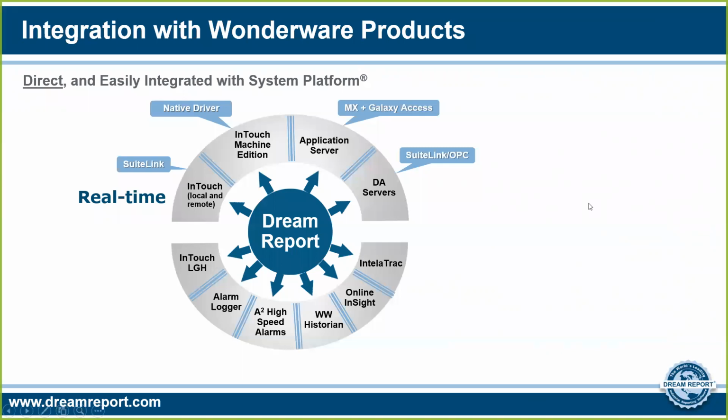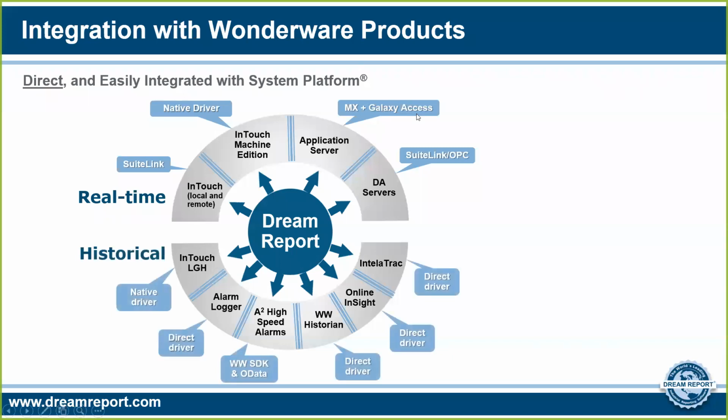or OI servers. InTouch Machine Edition, again, a very nice reporting tool for a low-end HMI, and even out to the app server, being able to browse the Galaxy, behave as part of the Galaxy to generate reports directly from an application server.